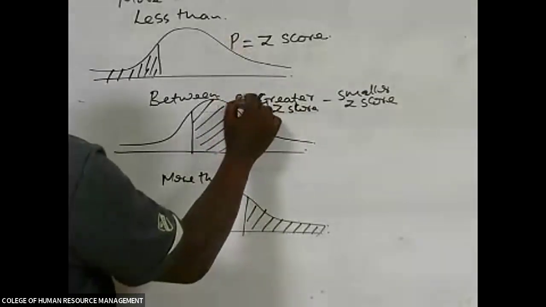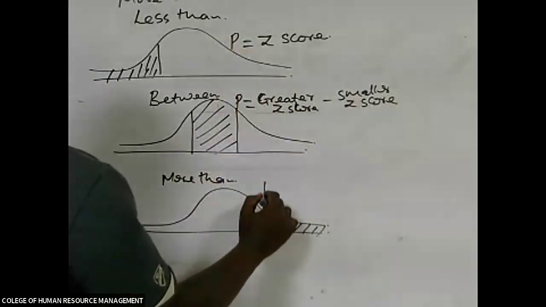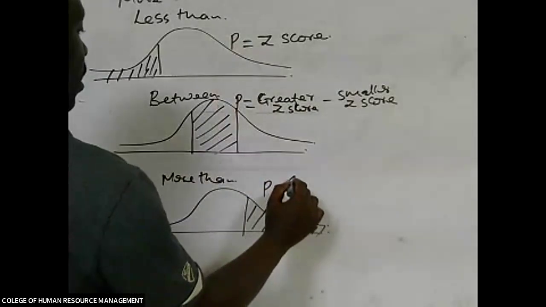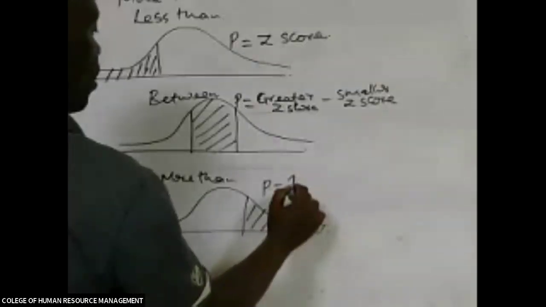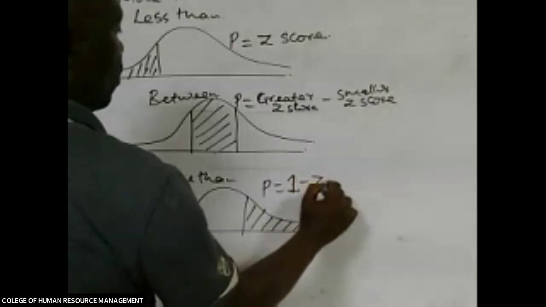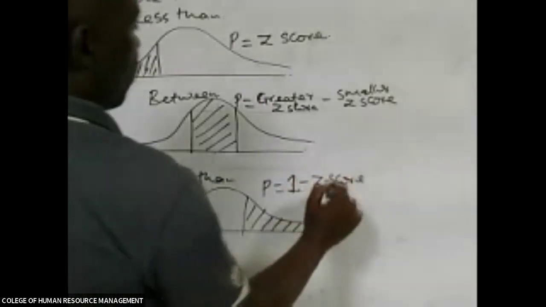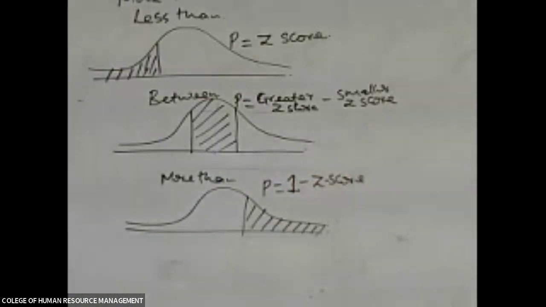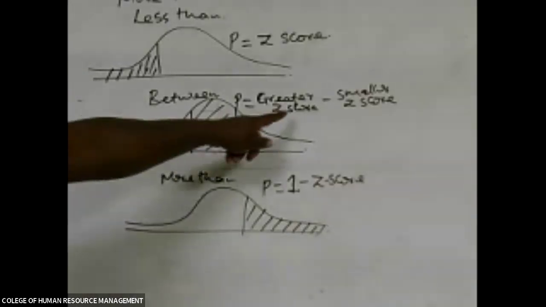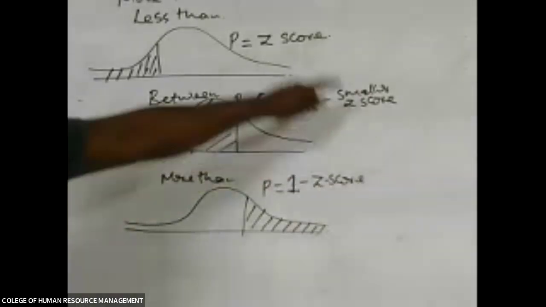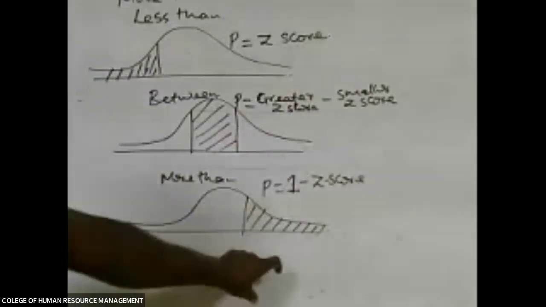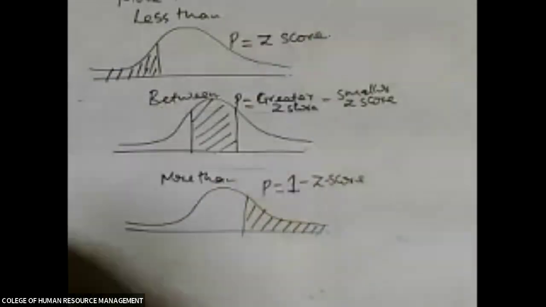For more than, the probability P will be equal to 1 minus the z-score that we shall get from the table. For less than, it is the z-score itself.